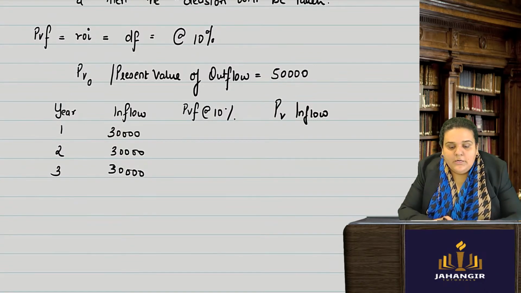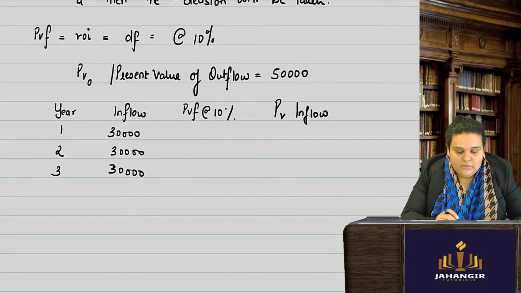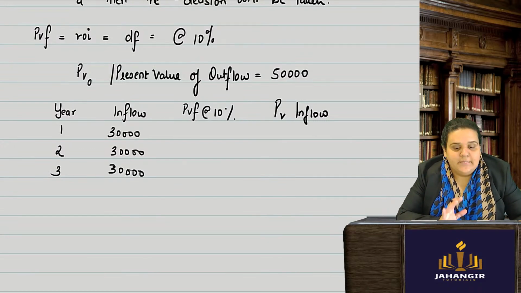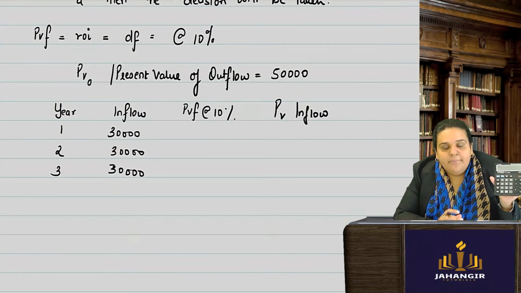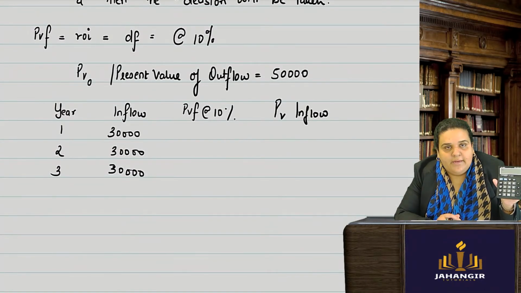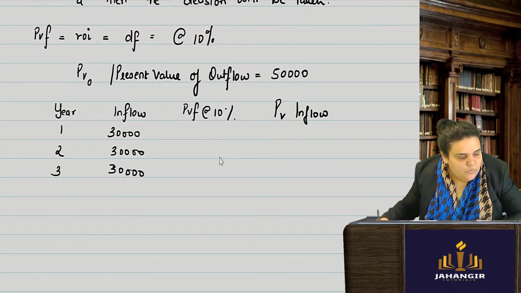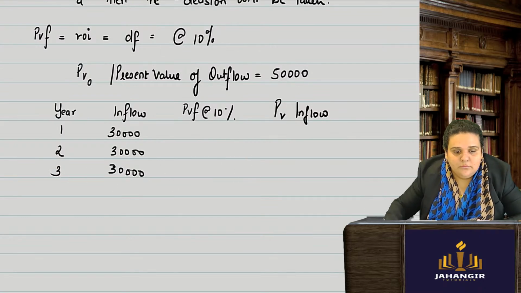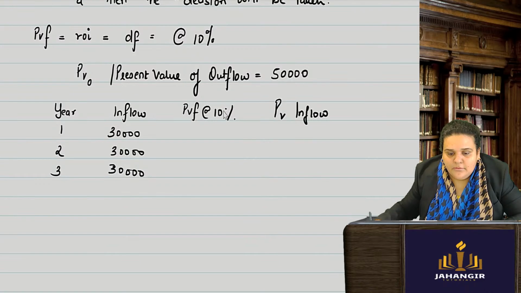You all need to know how to calculate. A lot of calculations are there in this particular chapter. You need to know how to operate your calculator. Now how do we divide? PV factor is 10%. Since it is 10%, for the PV factor you will do 1 divided by 1.10.